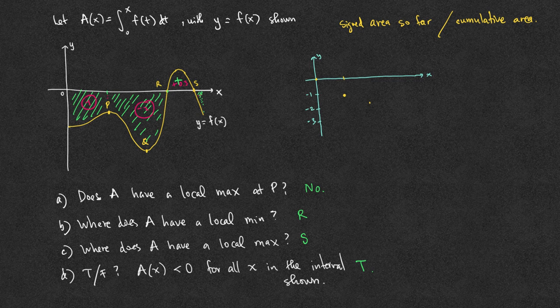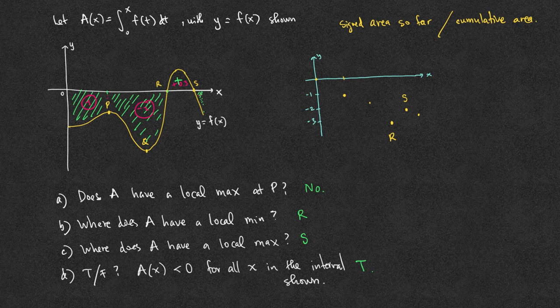When we get to R, negative 1 plus negative 2 is now negative 3, and that is at the point R. Then we start adding a positive number, so we turn around until we get to S. And so we have the local minimum at R and the local maximum at S. And then after S, we would need to subtract, and so we would go down, as you can see.